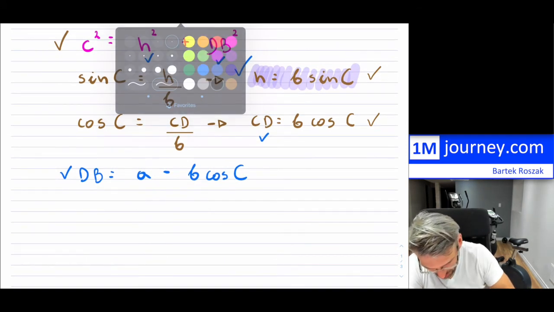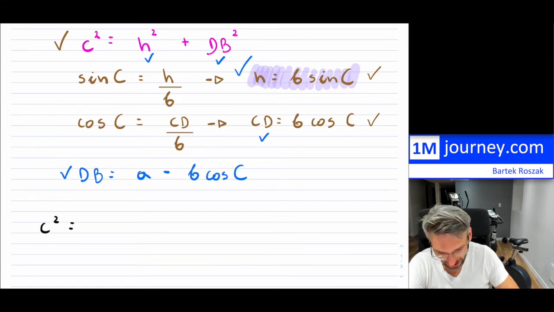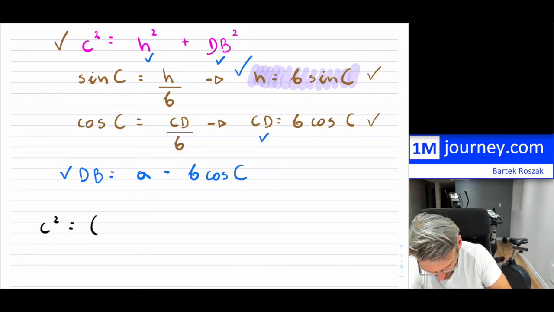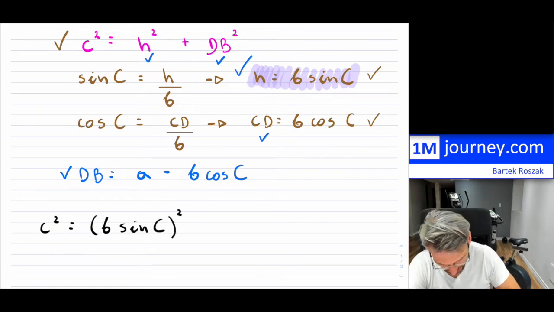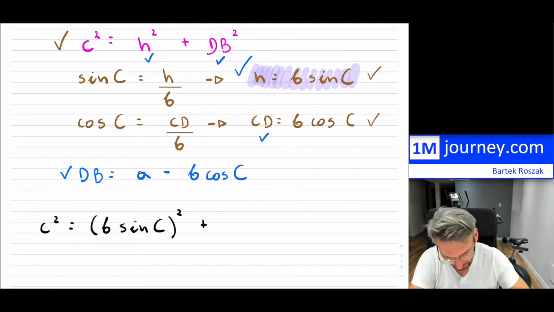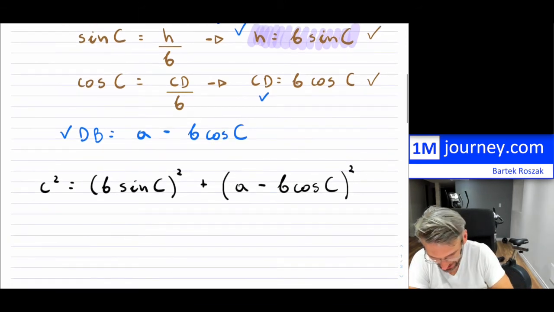That substitution is going to give me C squared is equal to, now H squared, so that's going to be B multiplied by sine of the angle C, all squared, plus, now dB, so I'm going to substitute dB in here, which is A minus B cos of the angle C. This is all squared, so that's that.